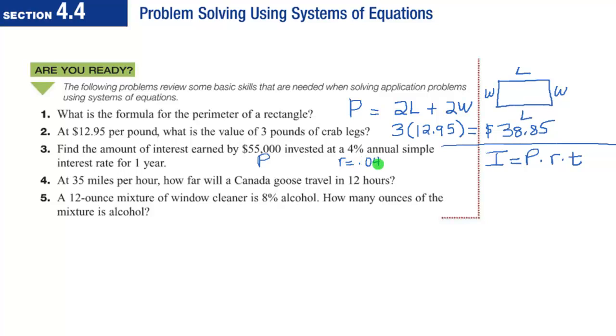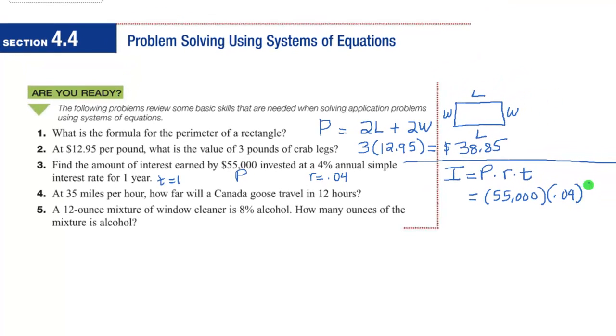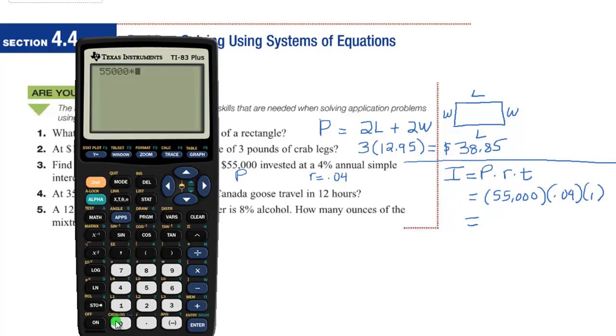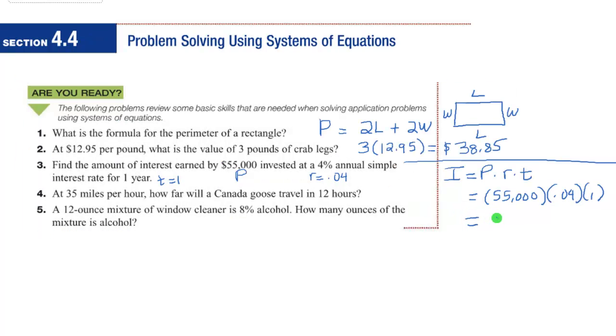So that's 4/100ths. And the time is 1 year. T equals 1. So then substitute in here, and you get 55,000 times the rate times the time. And so that's equal to $2,200. So $2,200 is the interest earned by your $55,000 investment.